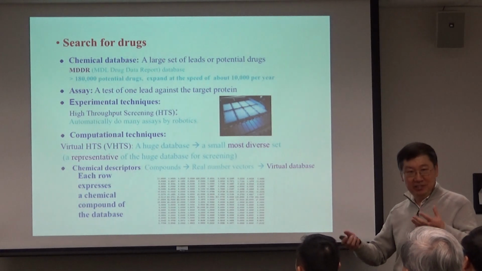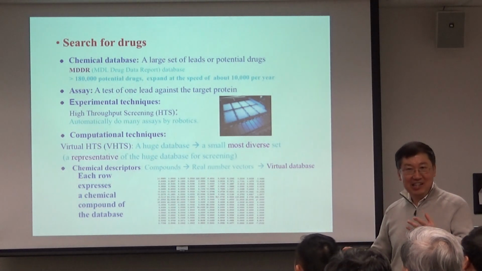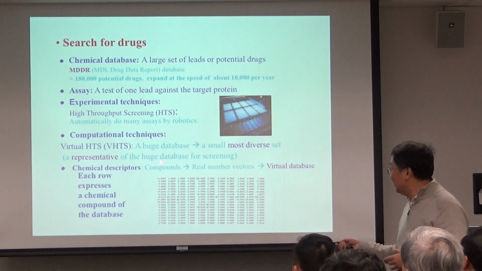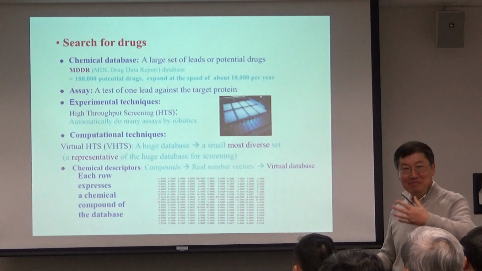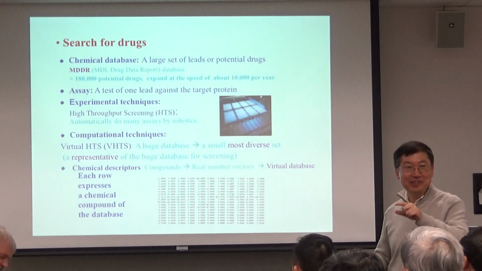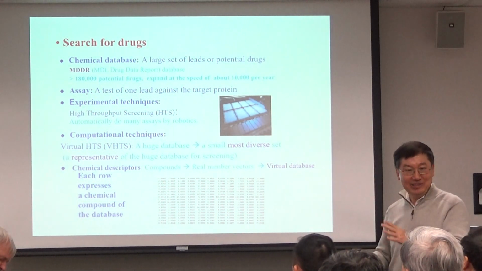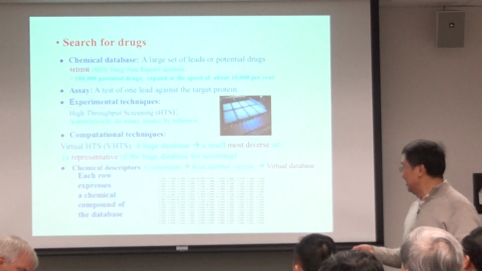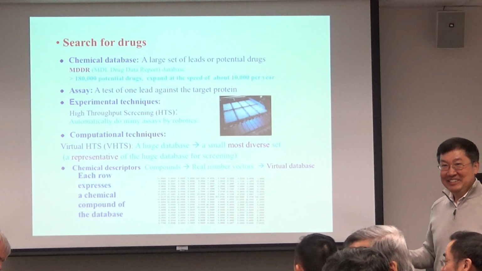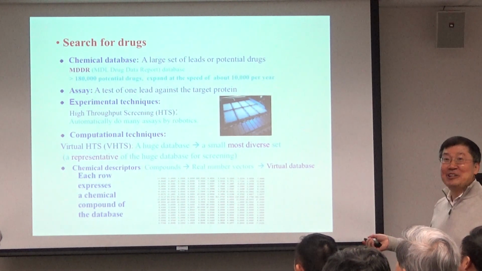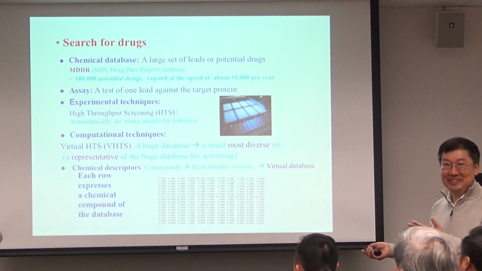Of course, there is a program package that lets you do the calculation of these values. When you identify a compound, it produces the values according to the program package. Question: how do you characterize each compound by some number? I'll give a little bit of detail later.